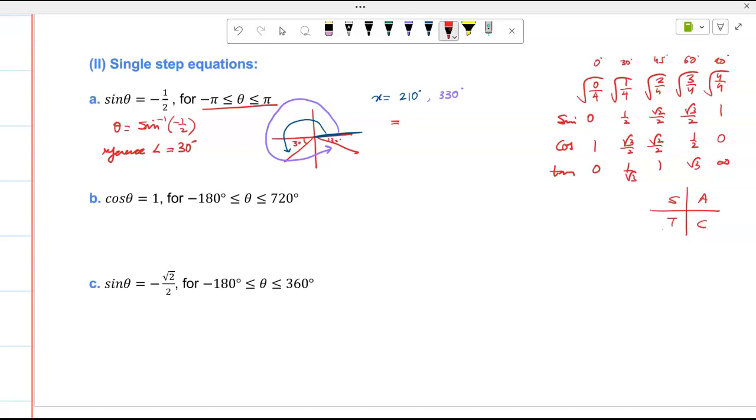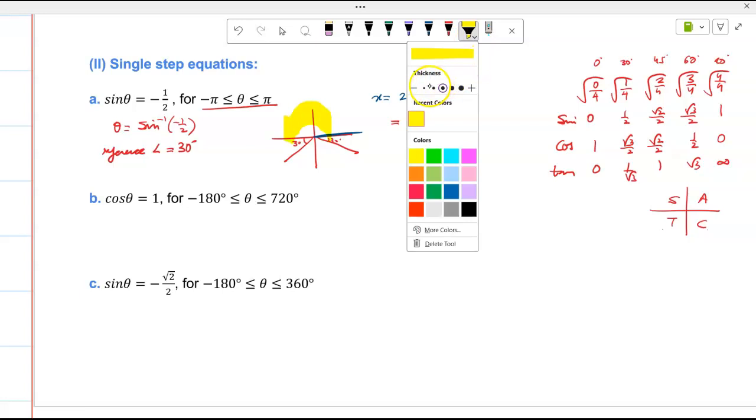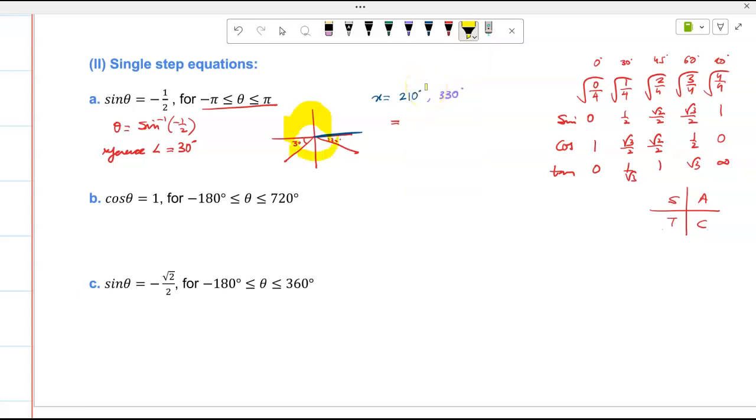Oh, sorry, my answer is wrong. The domain is from minus pi to pi. I was going 0 to 2 pi. So domain is going from this to this. So on top I'm not getting anything, and at the bottom I'm getting minus 30.